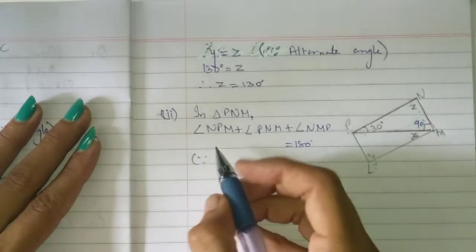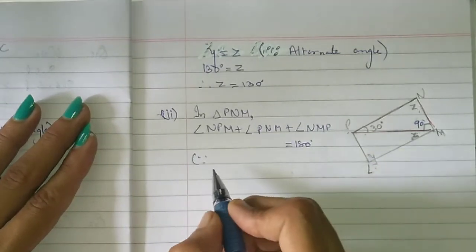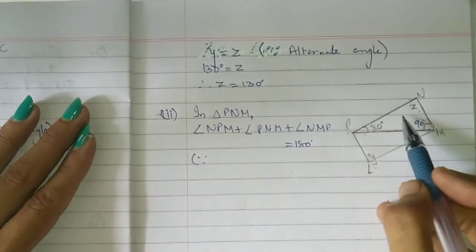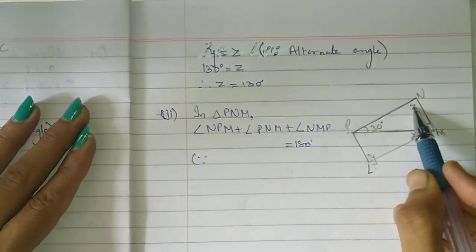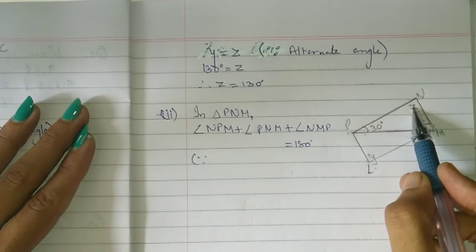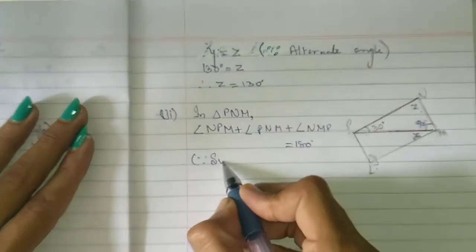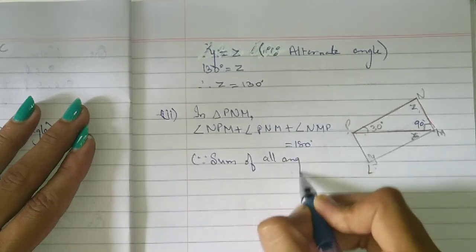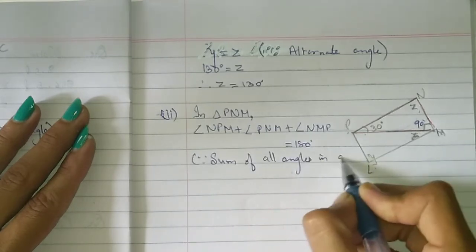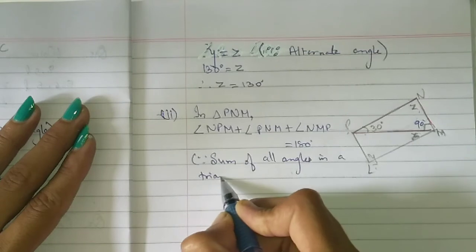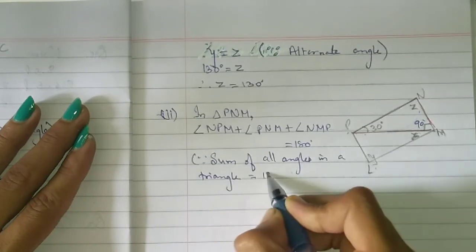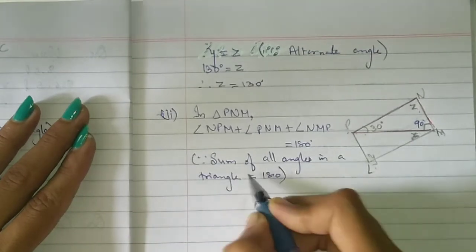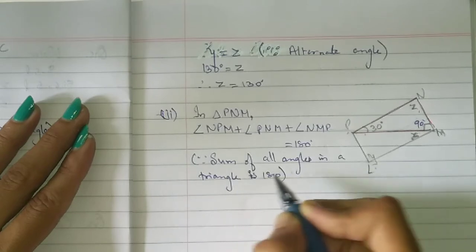Which property is it? The sum of all angles in a triangle is 180. So what we have to write: the sum of all angles in a triangle is equal to 180.